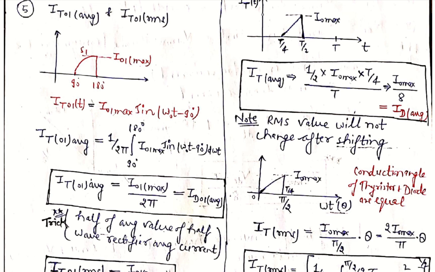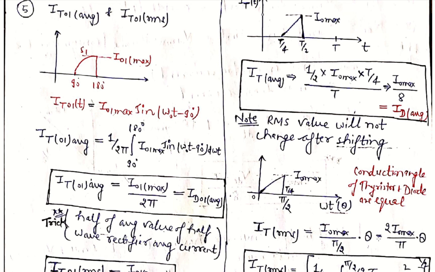We want to find the RMS value, so first of all we write the expression of this straight line. It is just like the y equals mx form. The slope of this straight line is y upon x, so I naught maximum divided by pi by 2, multiplied by theta, because on the x-axis it is omega t, which is just theta.